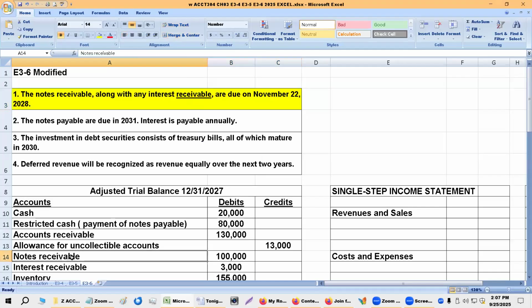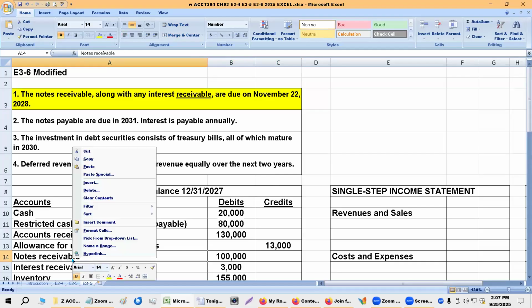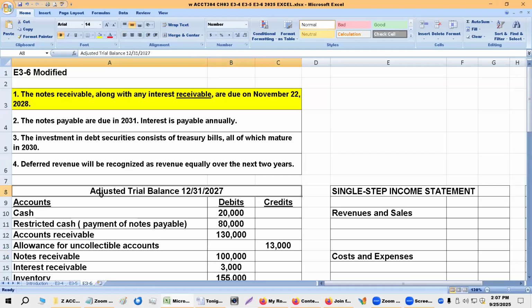Are they going to be long-term or short-term? Now this is kind of funny too. We're in 2027, so these are going into November 22nd, 2028. So will those be current or long-term? Current is a year or less, and long-term is over a year.